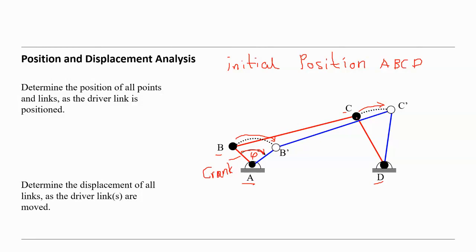And since B is connected to the point C, C is also moving from the position C to the position C prime, and CD as a member, as a link, is grounded at the point D. So therefore, DC is also making an angular or circular motion like this. But we don't know the angle here.